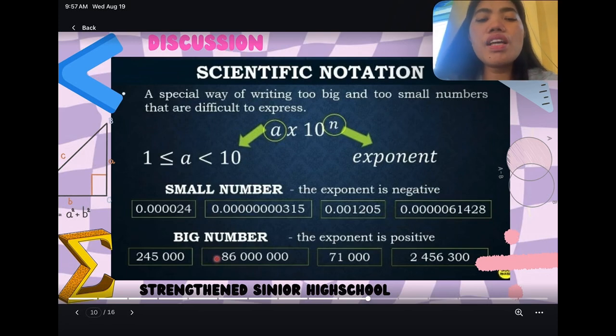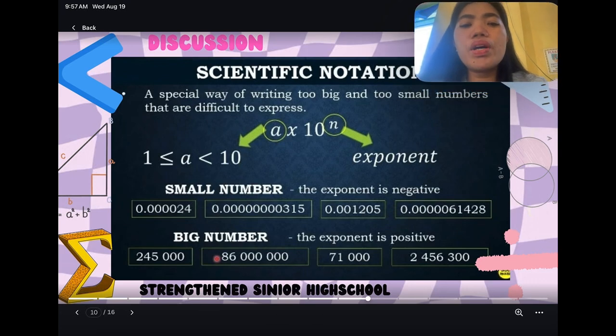For example, you have A times 10 raised to the power of n. Our A here is the number. A must be greater than or equal to 1 but less than 10. The variable n is the exponent. Then for a small number, the exponent is negative.